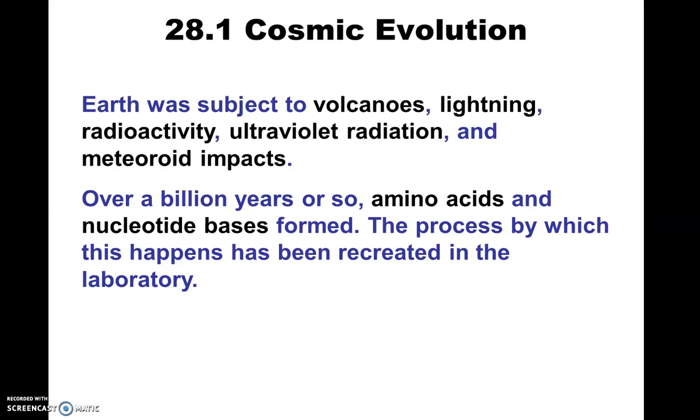Also, of course, during the early years, the first billion years or so of the Earth's existence, there was very heavy meteor activity. Of course, there's still meteoroid activity. Meteoroids are just when meteors are large enough to actually hit the ground.